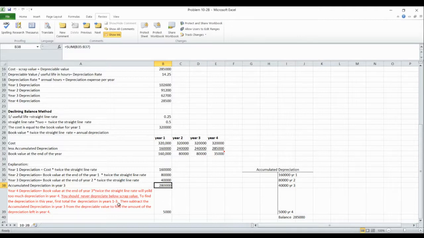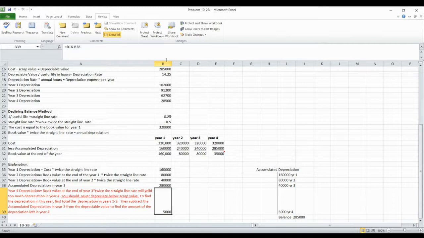Once you find the total depreciation for years 1 through 3, you're going to subtract it from the depreciable value to find the depreciation that you would have left to charge to that asset in the fourth year. So in the fourth year, I would subtract 280,000 from my total depreciable value.